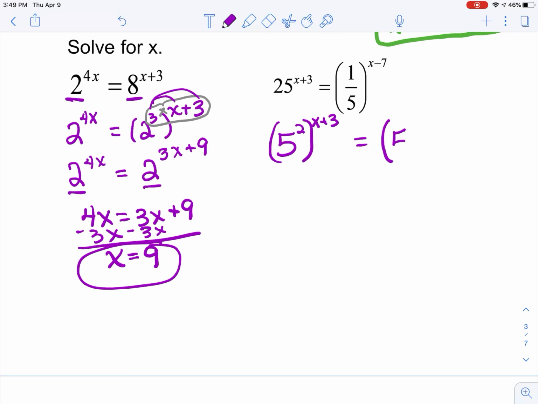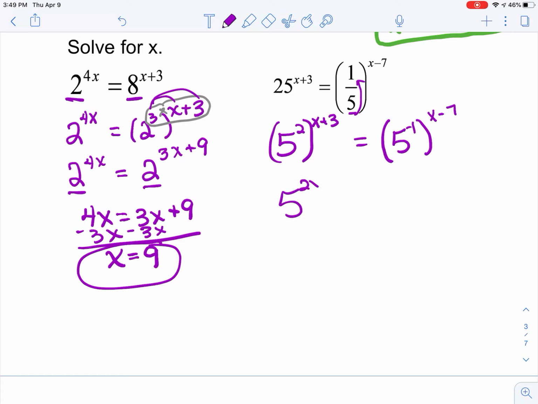Equals. Somehow I'm going to have to get that 5 to be in the numerator, not the denominator. I need it up here in the numerator. Well, all I have to do is make it to the -1. Isn't 5 to the -1 1/5? And then I'm going to take that to the x minus 7.